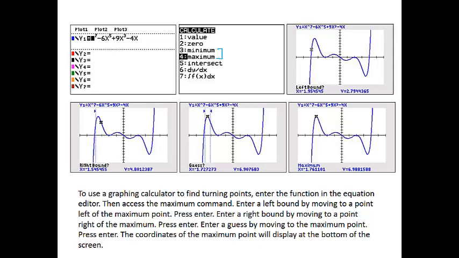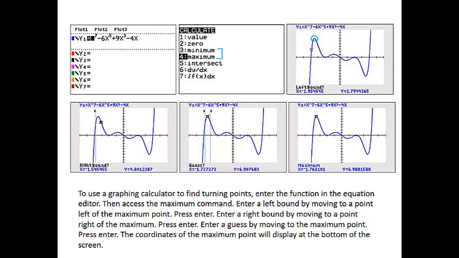And so if you want to find, I chose here the maximum. If we're trying to find the coordinates of this maximum point, the calculator will ask you for a left bound and a right bound and a guess. The left bound means that I need to be somewhere on the left side of that maximum point.